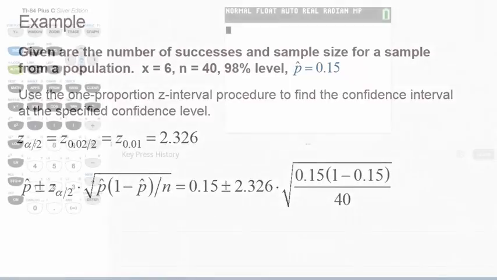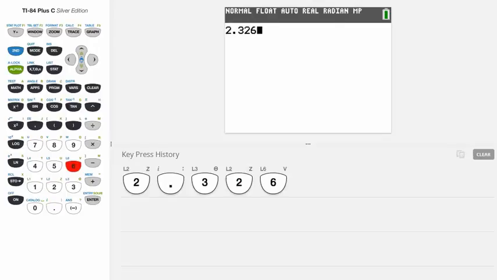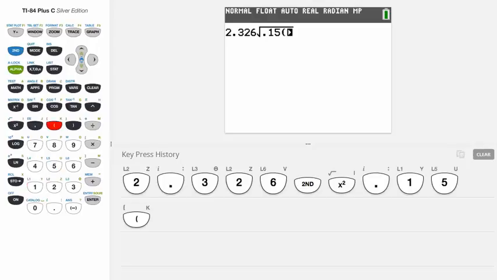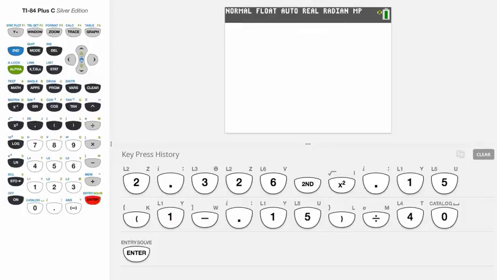Going to our calculator, first we want to find the margin of error E, which is everything behind the plus or minus symbol. 2.326, second, square root, 0.15, open parenthesis, 1 minus 0.15, close parenthesis, divided by 40, enter, and I get 0.1313.